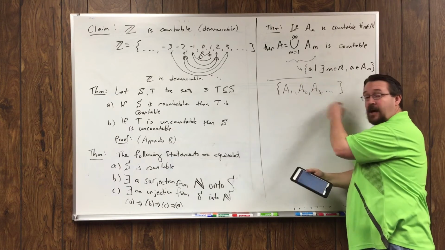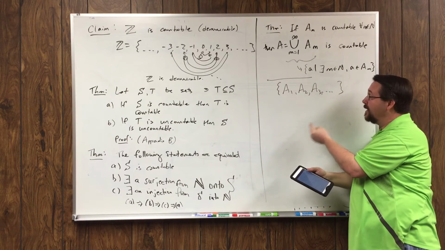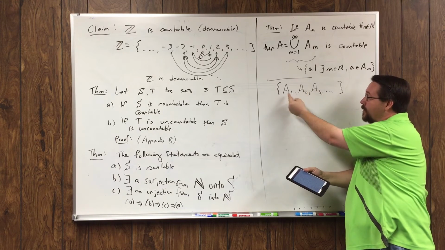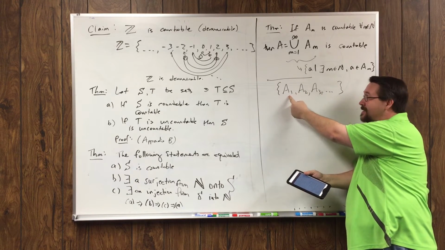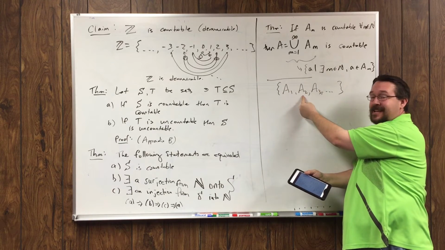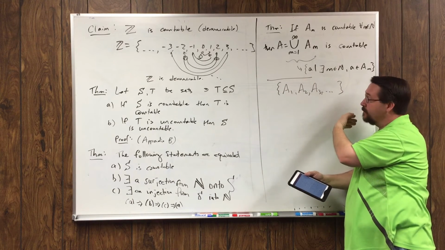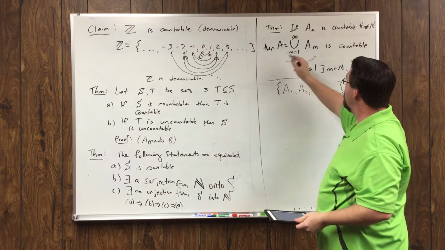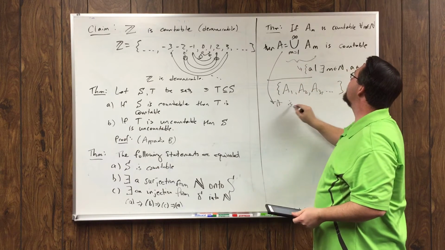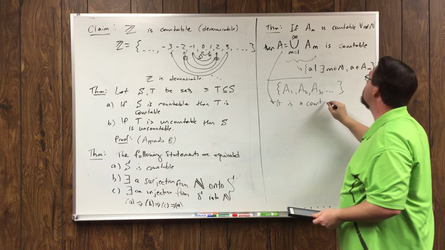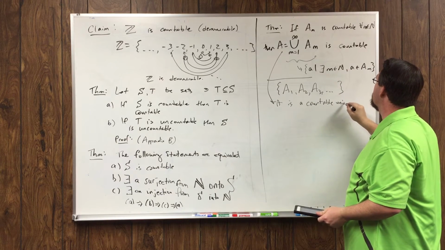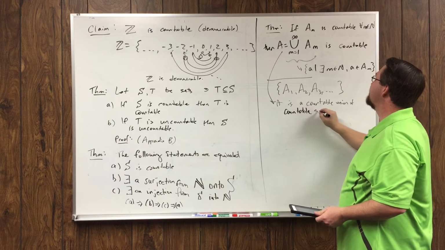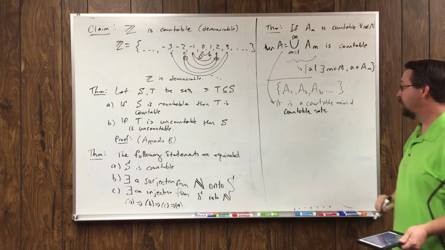This set of sets is countable because you've got a mapping, you've got an index here where this is the first set that's an element of this set, this is the second set, third set, and so on. Okay? So this is a countable set, right? So what we're doing up here is A is a countable union of countable sets. Okay?